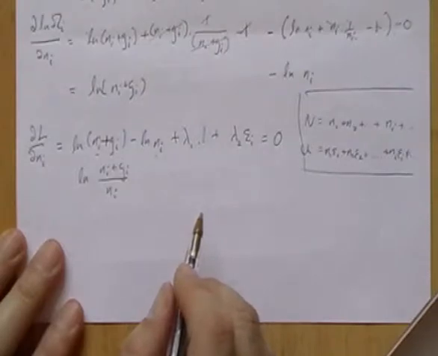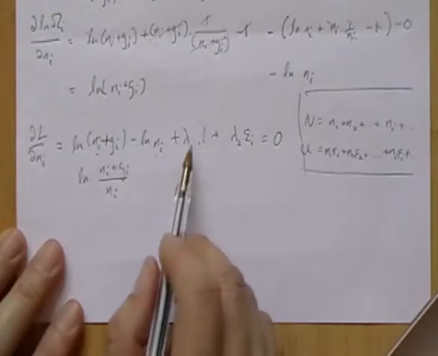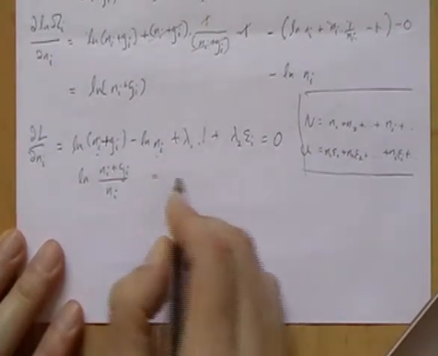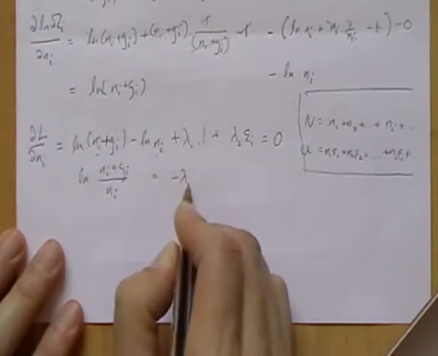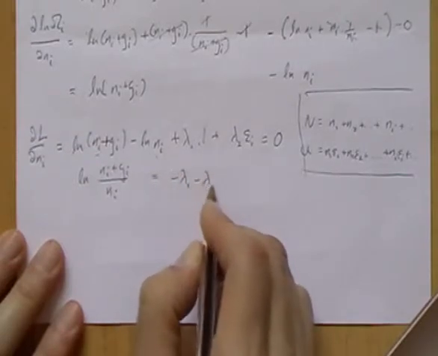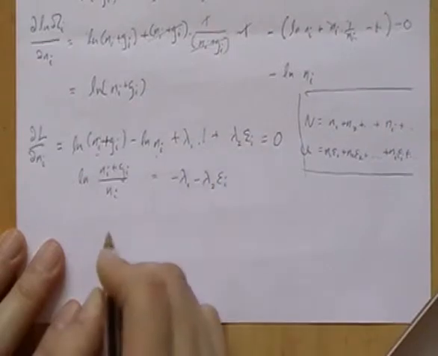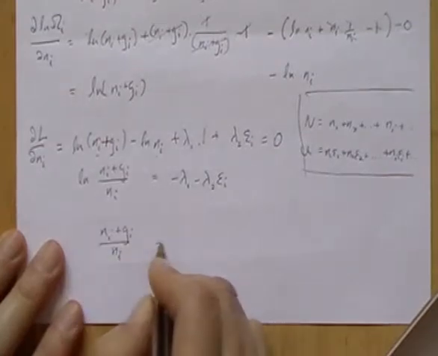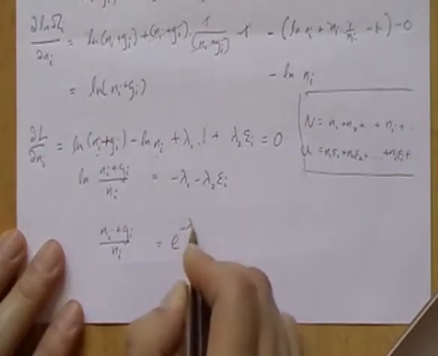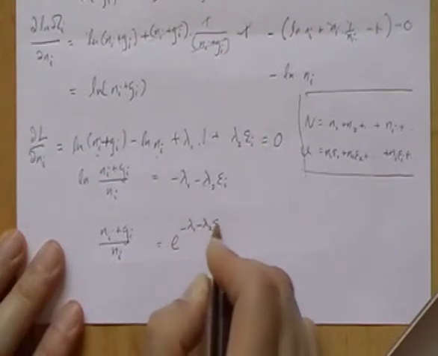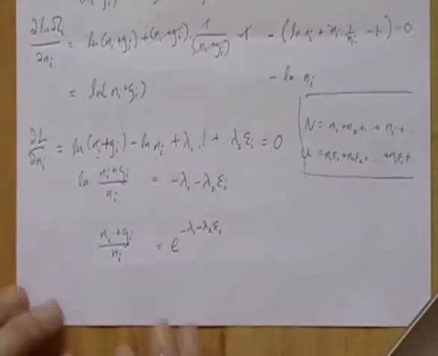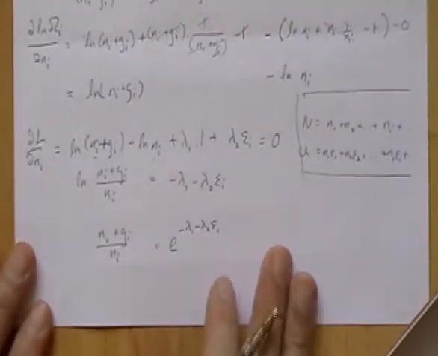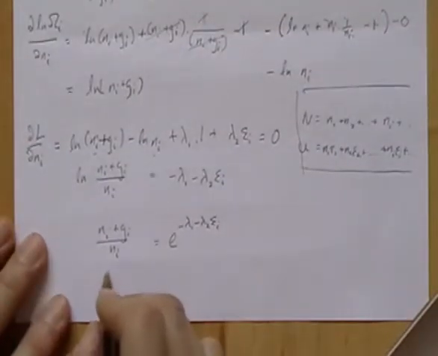Now I'm going to try moving those to the other side. So I get minus lambda 1 minus lambda 2 ei. And I'm going to invert the log. That gives e to the minus lambda 1 minus lambda 2 ei. And now I'm going to try to make ni the subject.